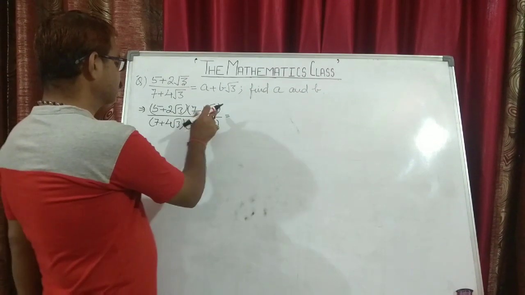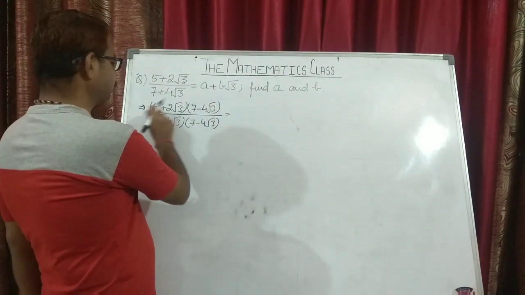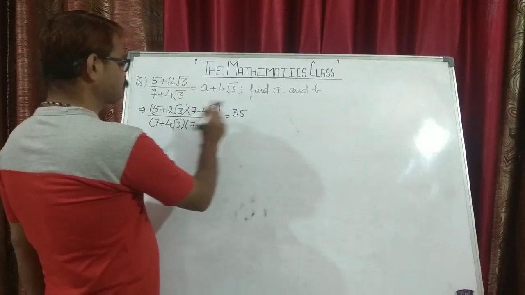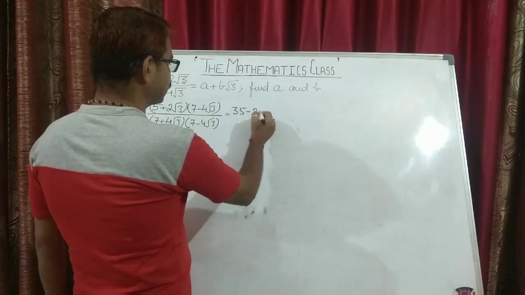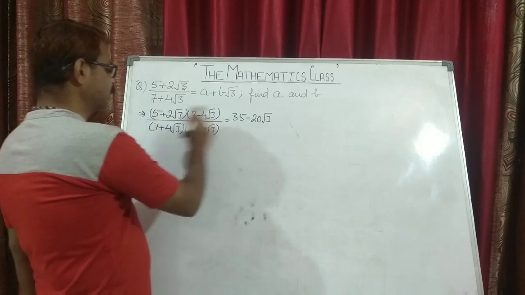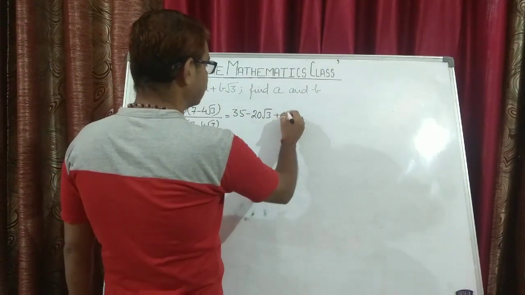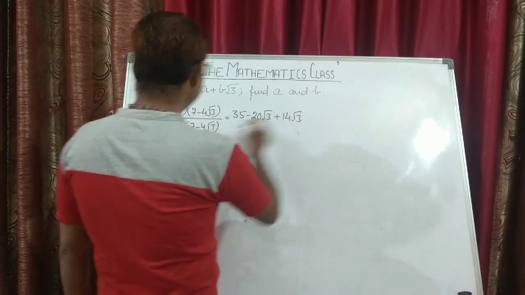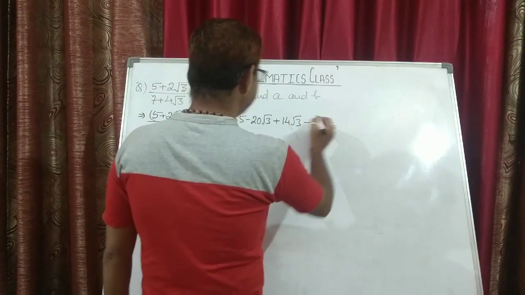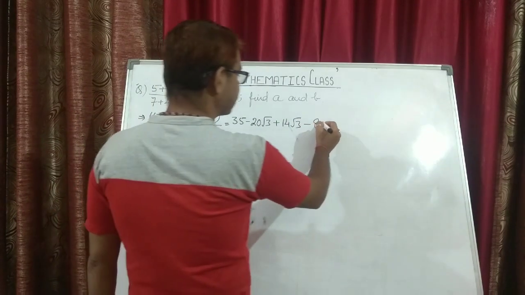Now this will be simply multiplication. 5 into 7 is 35. 5 into minus 4 root 3 is minus 20 root 3. Then 2 root 3 into 7 is 14 root 3, and 2 root 3 into minus 4 root 3 is minus 8, root 3 into root 3 is 3.